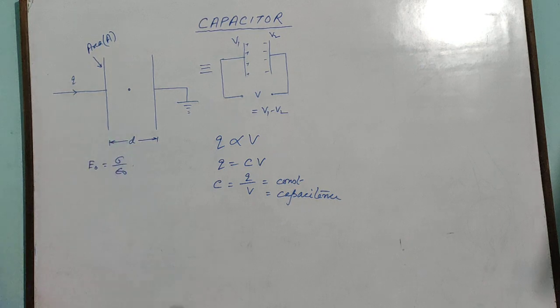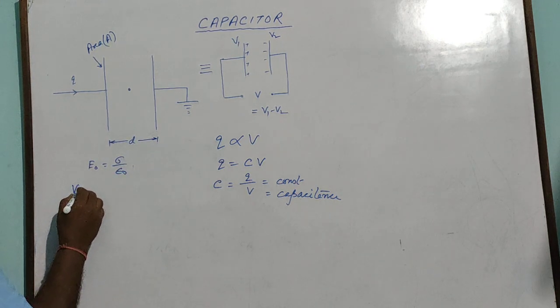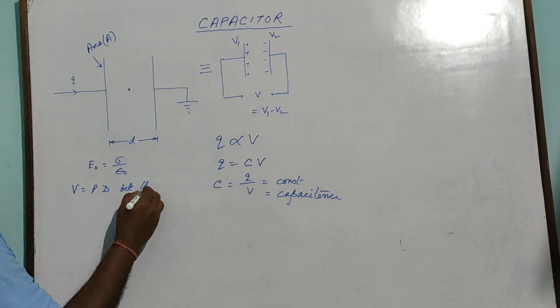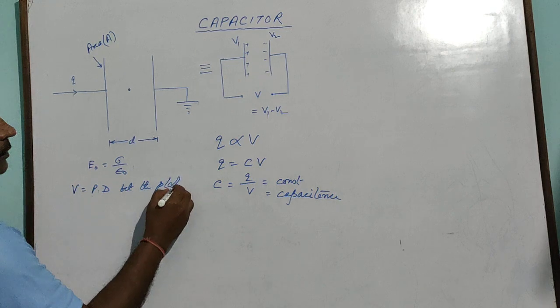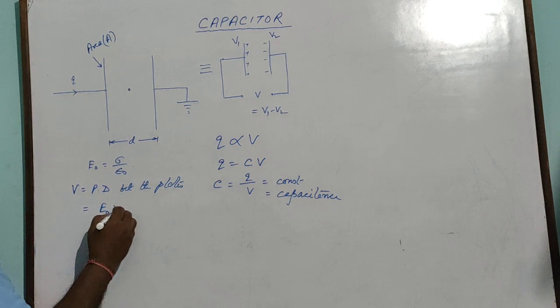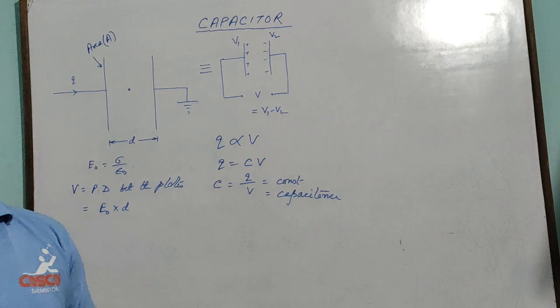Suppose the electric field between the two plates is sigma by epsilon naught. How will you calculate the potential difference between the plates? That will be equal to the field intensity acting between them and the distance for which it is acting.